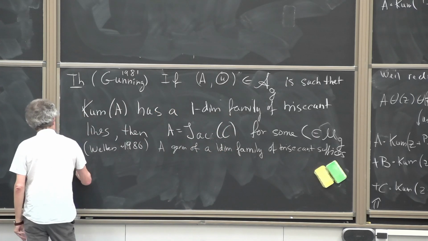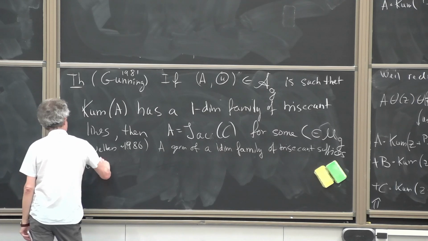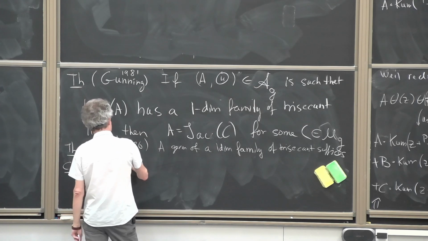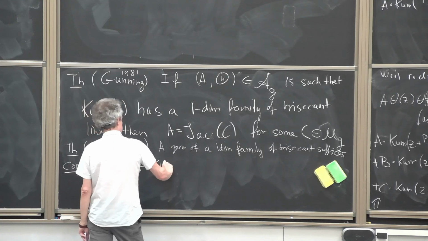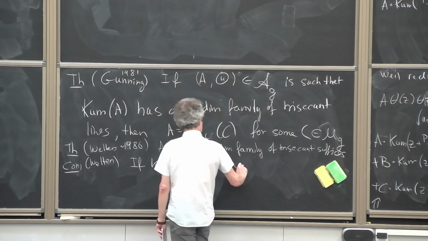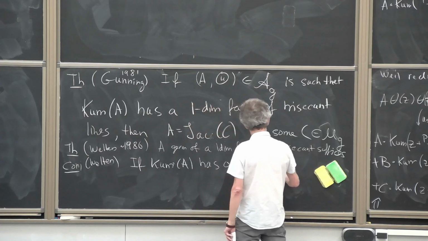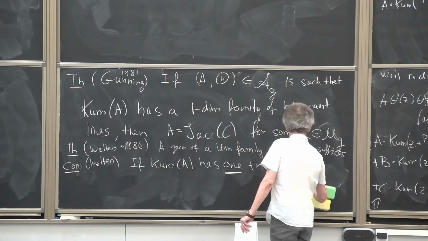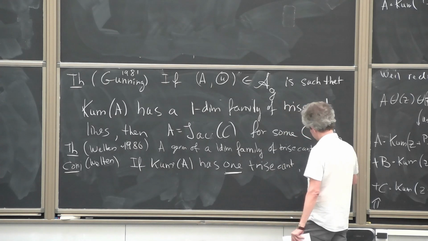Welters, on the other hand, made a conjecture which says if the Kummer of A has one trisecant, A is a Jacobian of some curve.